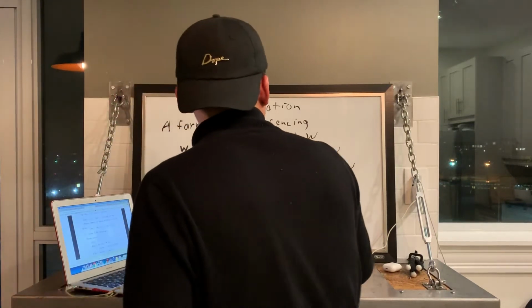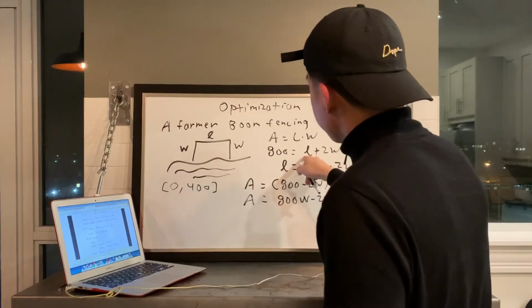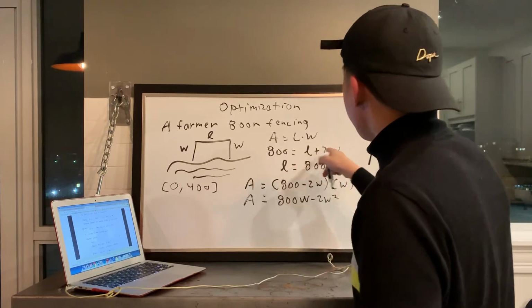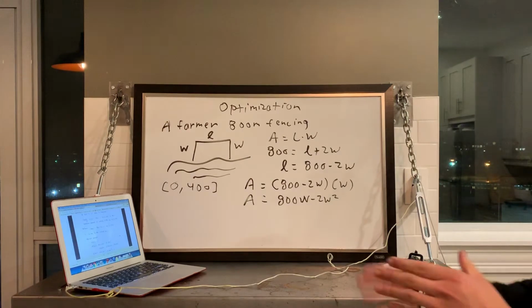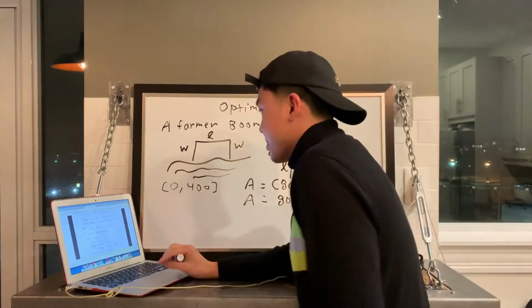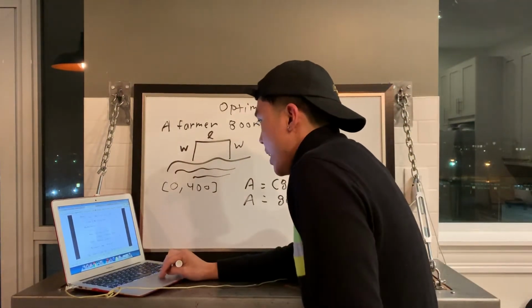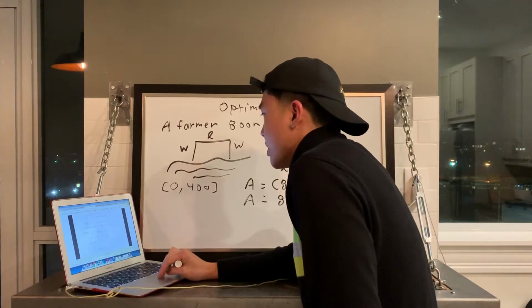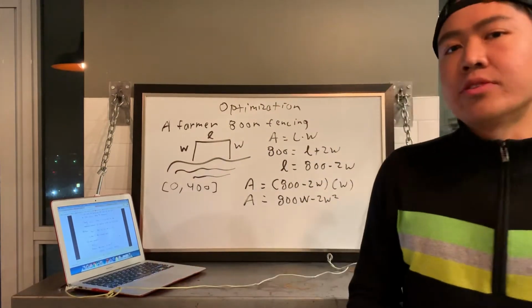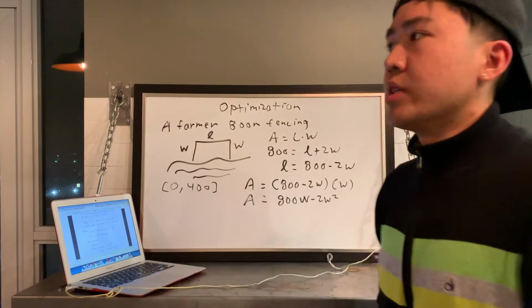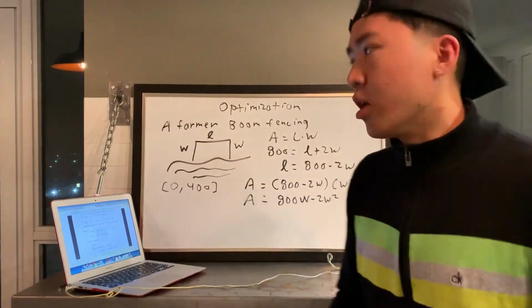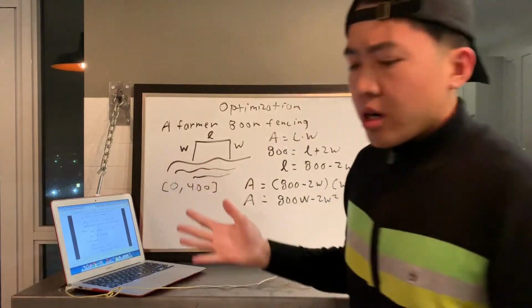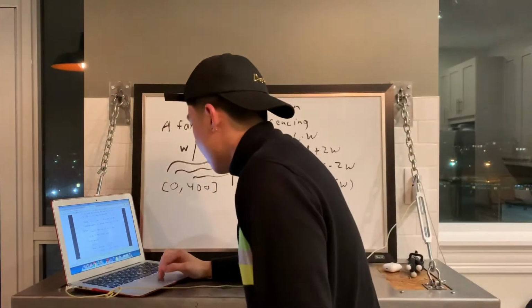And why is that? Even if the length is 0, then the biggest W you could have, 800 divided by 2, is 400. So you have to set your own bounds, basically. You can't just say any value. How you do that is just understanding what the problem's asking. If there's only 800 meters of fencing, assuming we have no length at all, the largest width you could have is 400. So that is our interval.